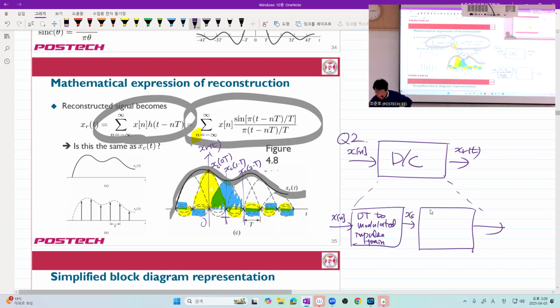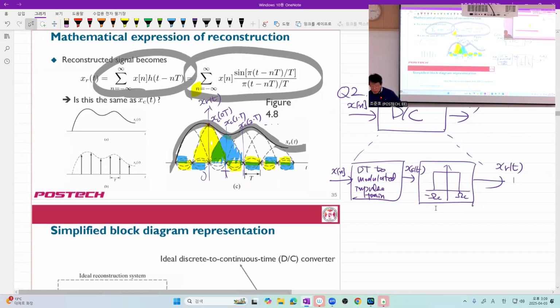So you have x s of t. Theoretically, you don't do this in reality. And here goes the ideal low-pass filter. Then you have perfect reconstruction if a certain condition is met.